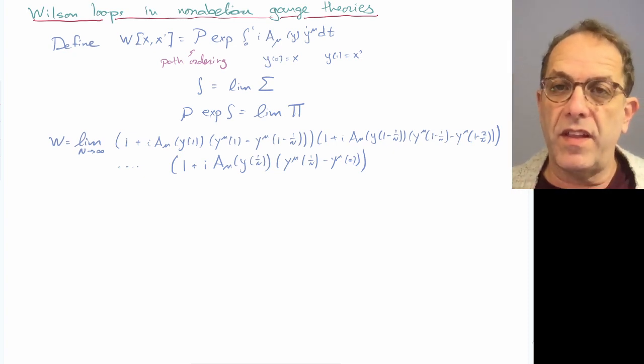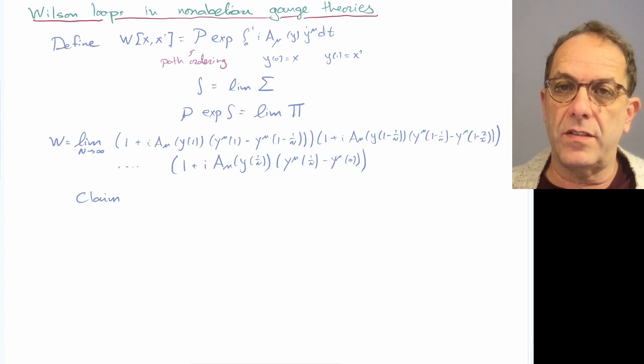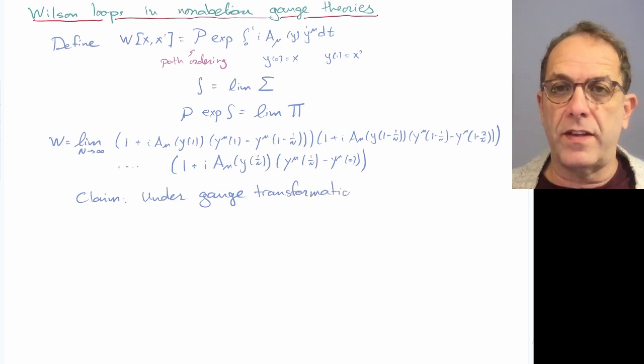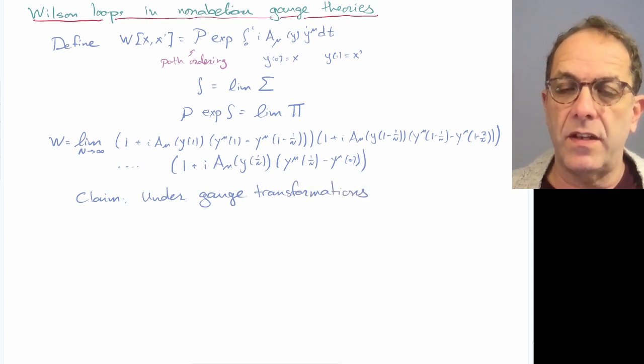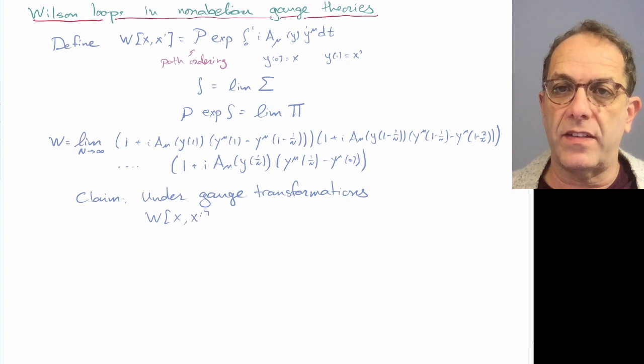Now we claim that under gauge transformation, this open Wilson line from x to x prime transforms with a U of x prime on the left and a U dagger of x on the right.